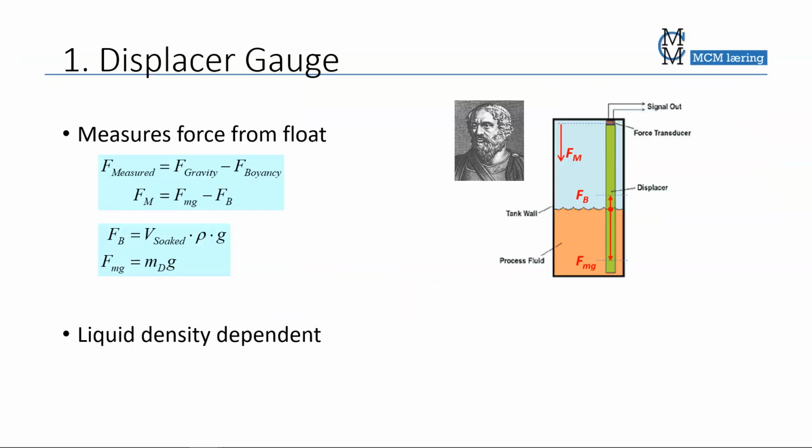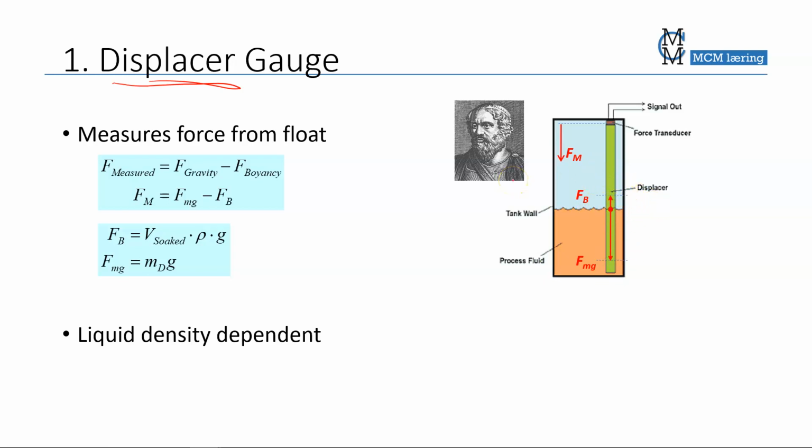First of all, the Displacer Gauge is a device where you have some kind of a rod in the tank, like this green rod in this figure here. The buoyancy, in Norwegian oppdrift, of that rod depends on how much of the rod is soaked into the liquid.